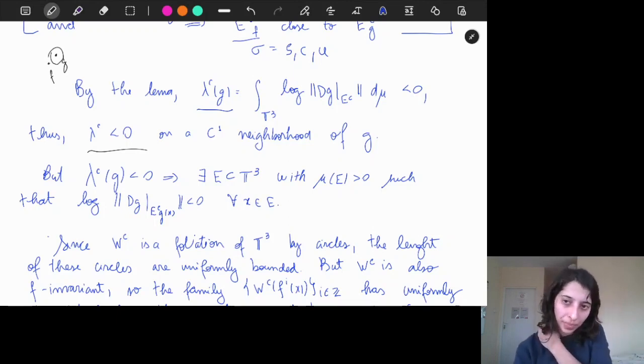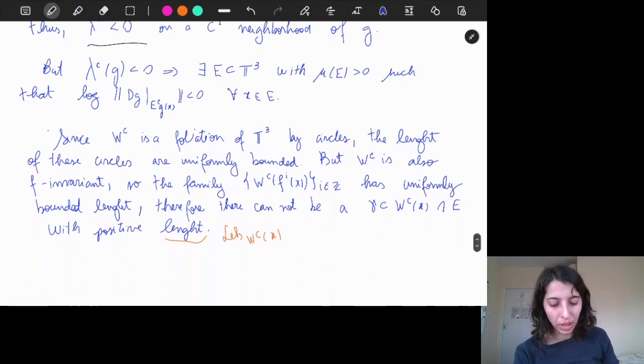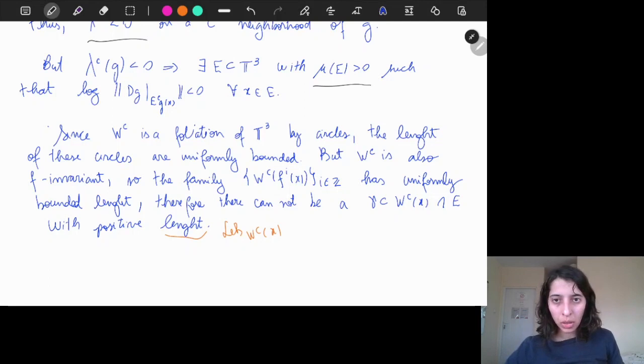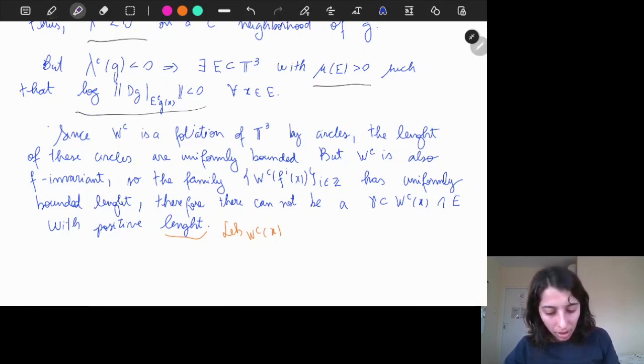But anyway, if the center Lyapunov exponent of g is non-zero, in particular in this case if it's negative, then there should be a set E inside the three-dimensional torus with positive volume such that the center Lyapunov exponent is smaller than 0, because this center Lyapunov exponent is the integral of this thing here.